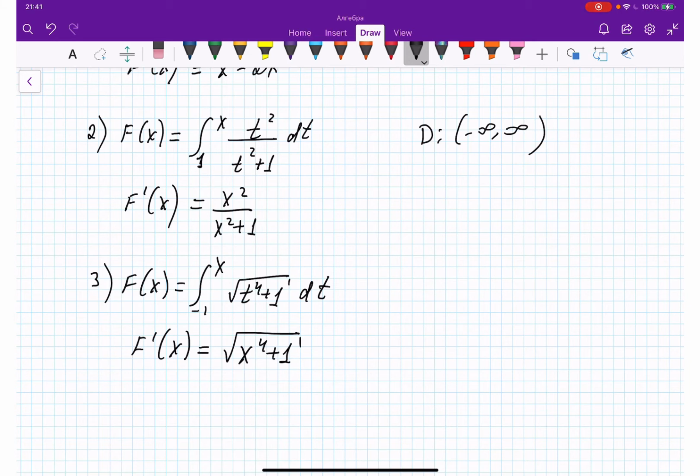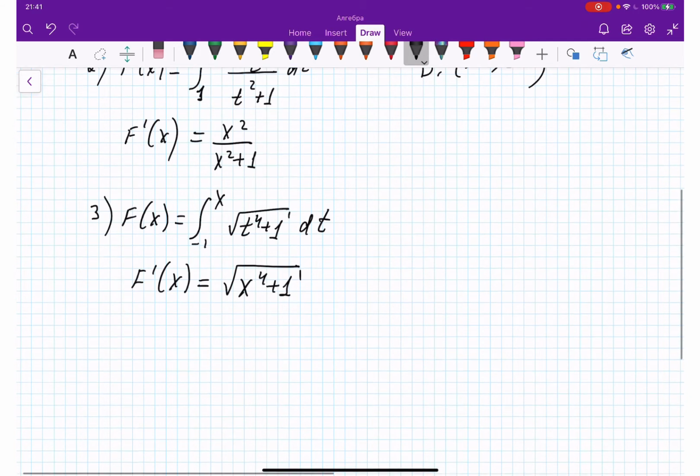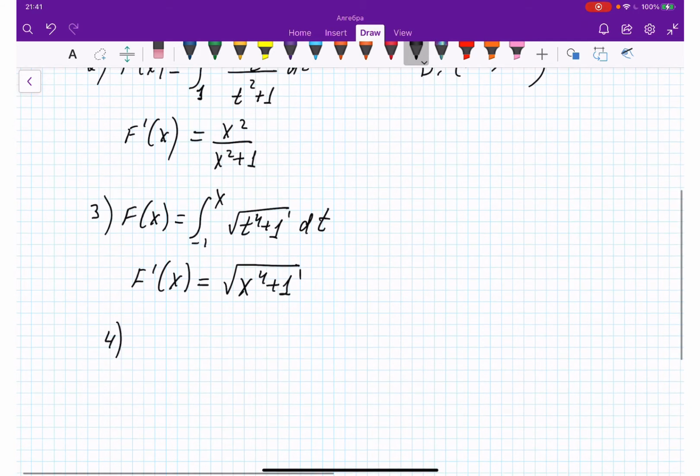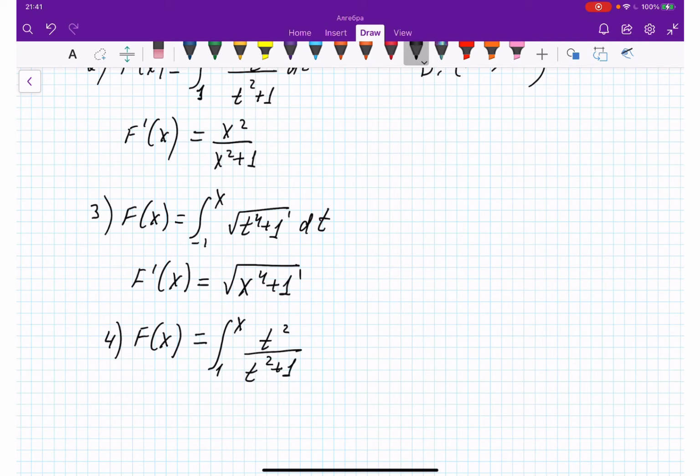Okay. Next one, we have number 4, f of x is equal to the integral from 1 to x of t squared plus 1 dt.